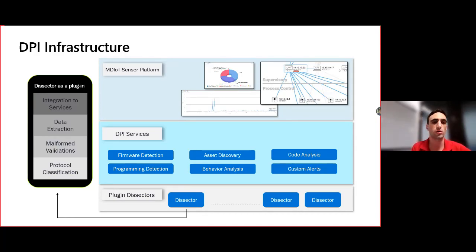For each different protocol, we create a plugin, and not only do we create them, you can also create these plugins yourself. I'll discuss this in a few slides. On top of the plugin layer, we have the DPI services: firmware detection, model detection, behavioral analysis, and all of this together is streamed into the Defender for IoT sensor platform, and it can be consumed on premises or in the cloud.